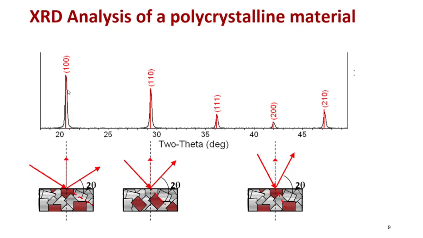This is the same sample, but at different planes we are getting different peaks, and from these peaks we will index them, and from that we will find out what kind of material it is.